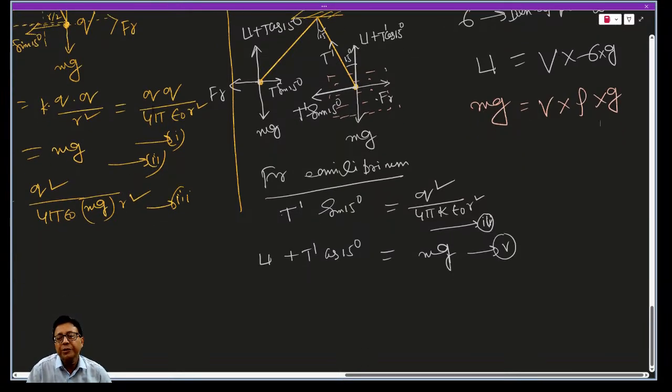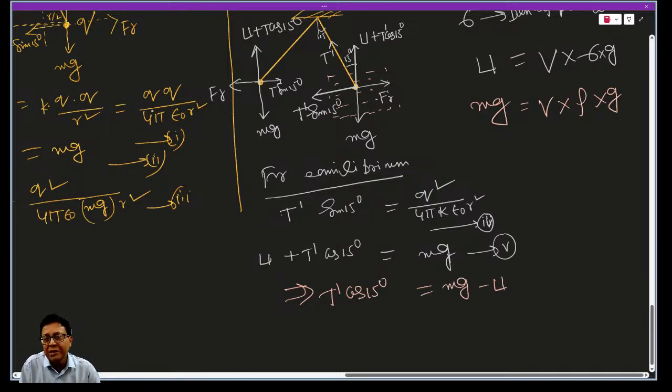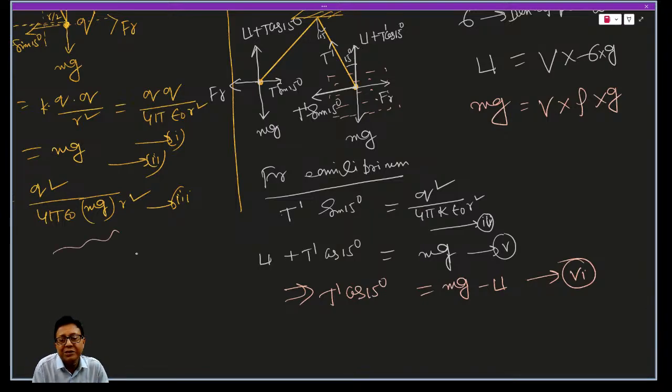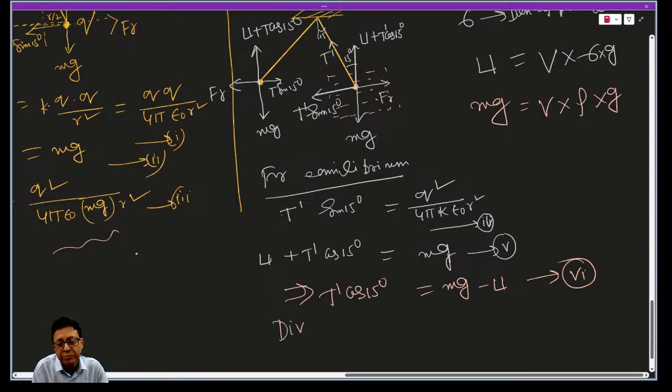V stands for volume. So a little bit of modification I am doing here. T dash equal to mg minus u. I will be putting mg and u both later. This is our number 6. Previously we got tan 15 equal to this thing. Now divide, dividing 5 by 6.